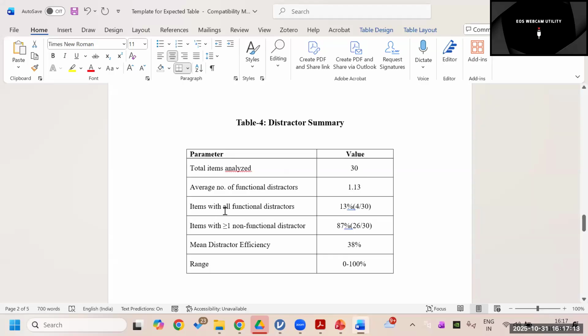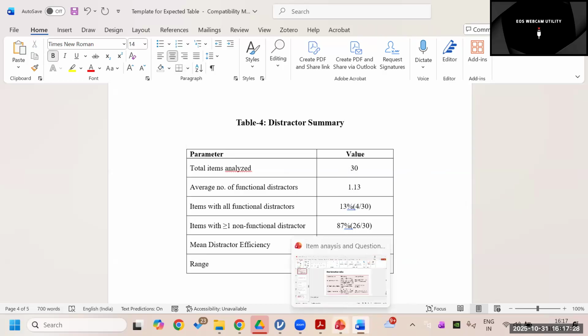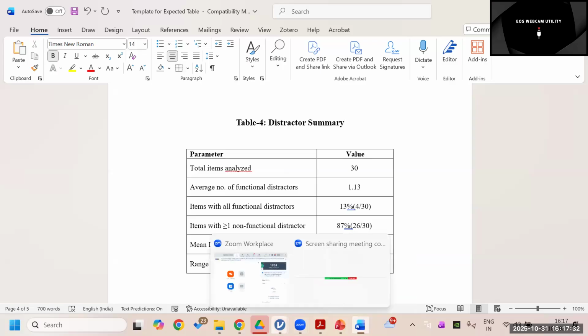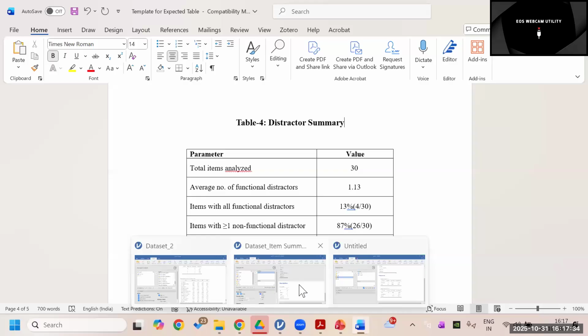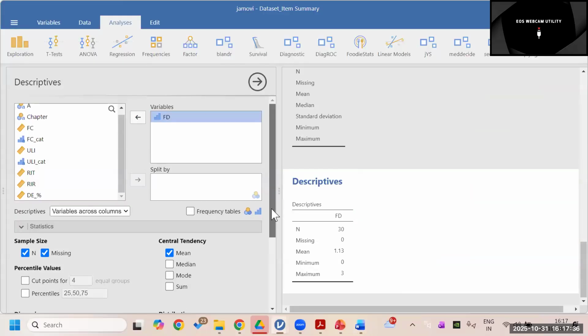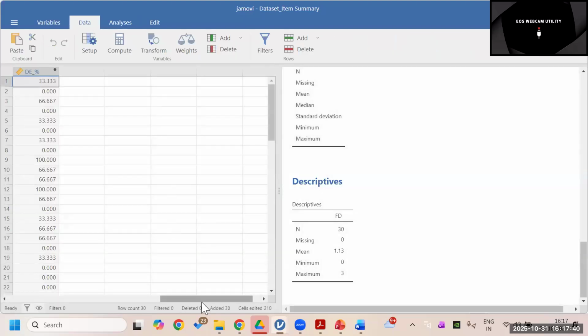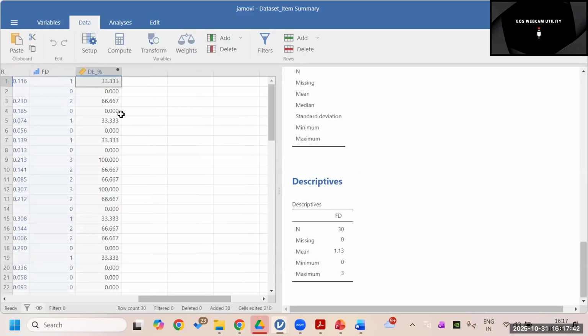Now I have items with all functional distractors. So you can see how many: there were 4 items with all functional distractors. If you see 100%, you can see which are the 100% from this data. If you go to data and look at the 100%, you can see which ones are 100%.